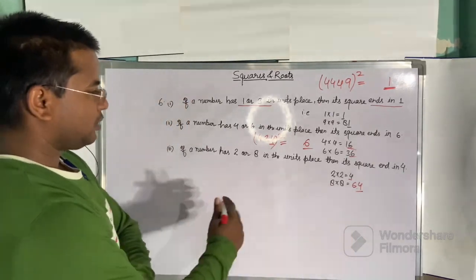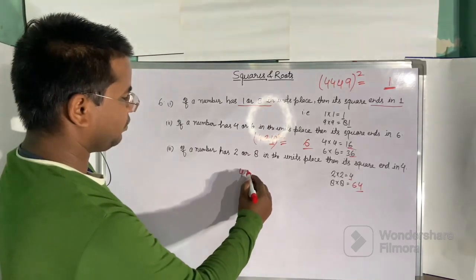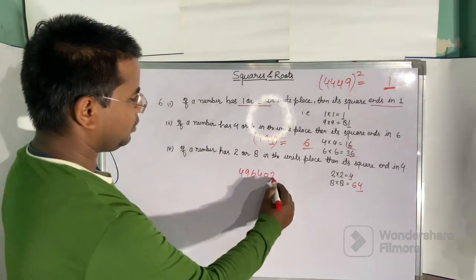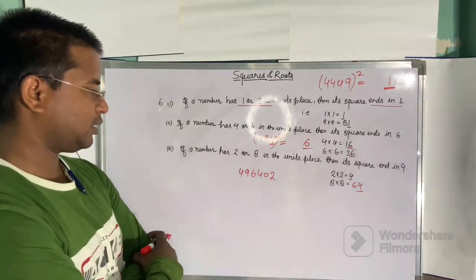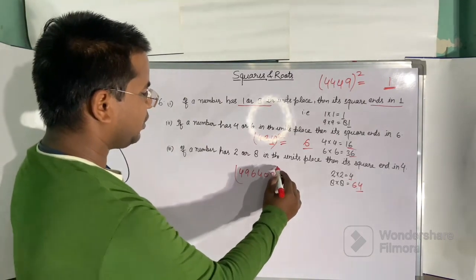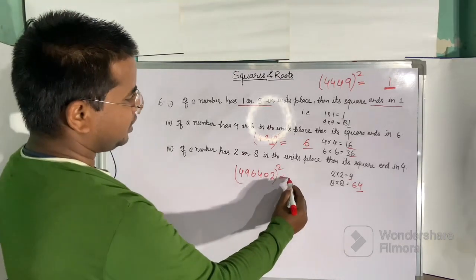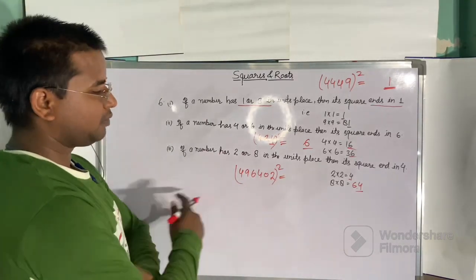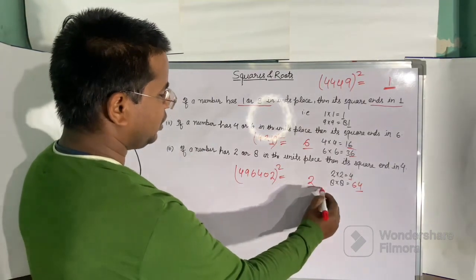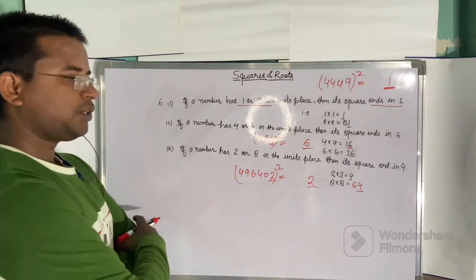I can take a different example for this. If there is a very big number like 49660 2, and anybody asks what the unit digit is if we square that number, we can reply within 1 second that the unit digit of the square is 4, because the unit digit of that number is 2.